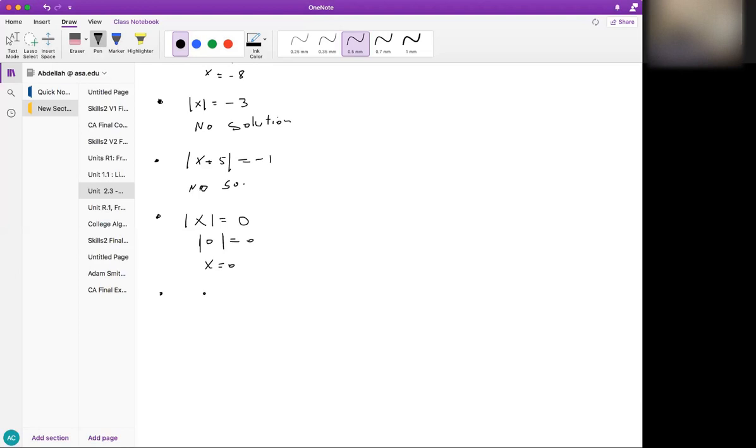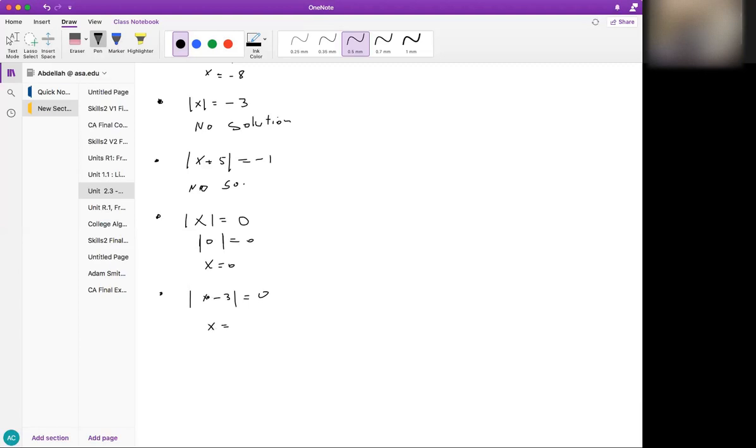It could also be something like this: x minus 3 is 0. What could x be in this case? x minus 3 equals 0, so x is 3.